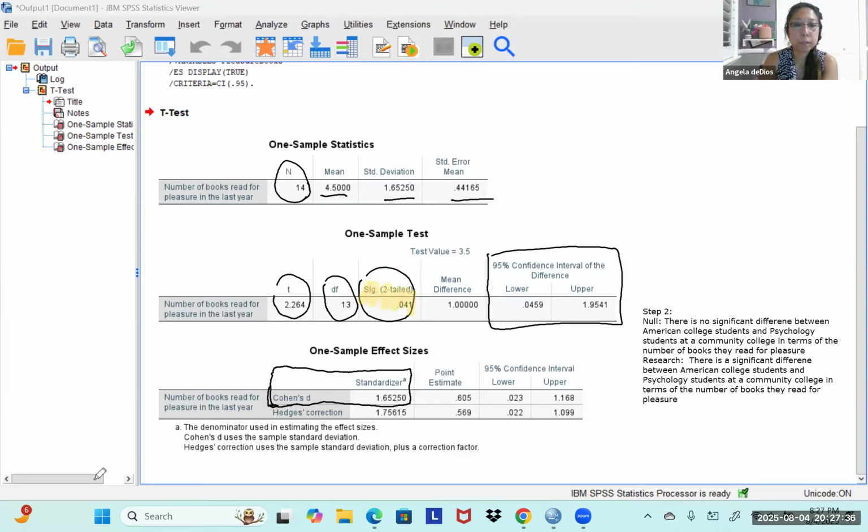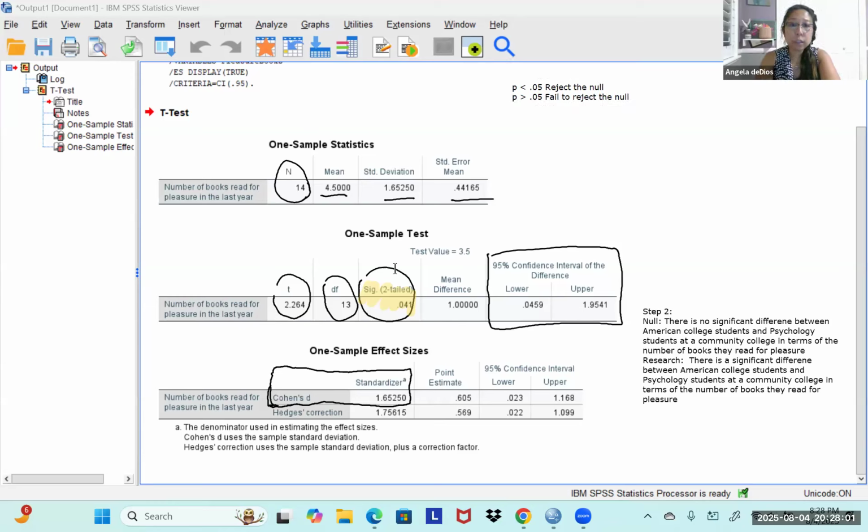That is our p-value. You remember I said if p is less than 0.05, or our alpha level, then we reject the null hypothesis. If p is greater than 0.05, or whatever our alpha level is, we fail to reject the null.